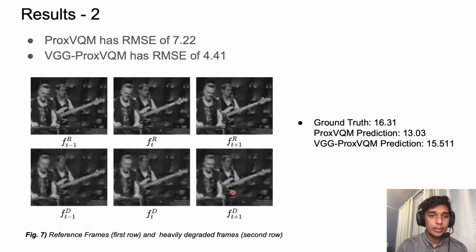In this example, the effects of degradation are very visible. Consequently, the associated ground truth VMAF score is very low, which is 16.31. Both ProxVQM and VGG ProxVQM predictions came close. However, the VGG ProxVQM predicted a score closer to the original ground truth.